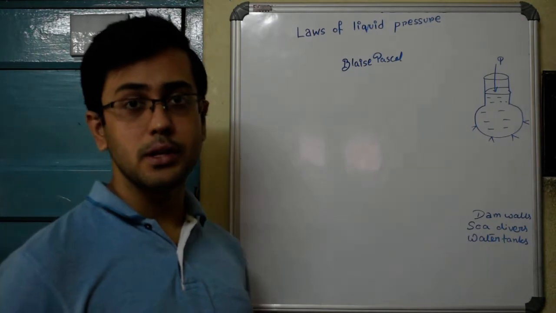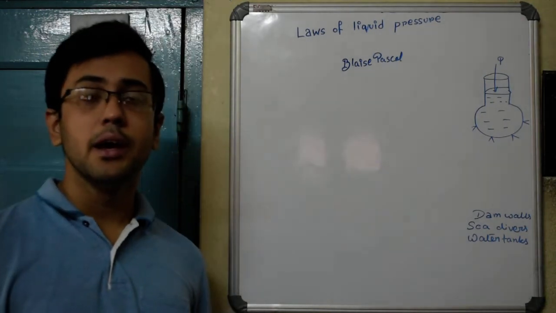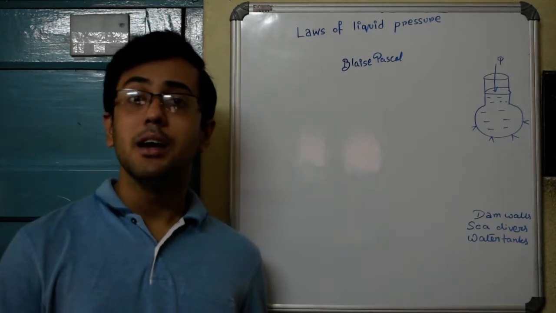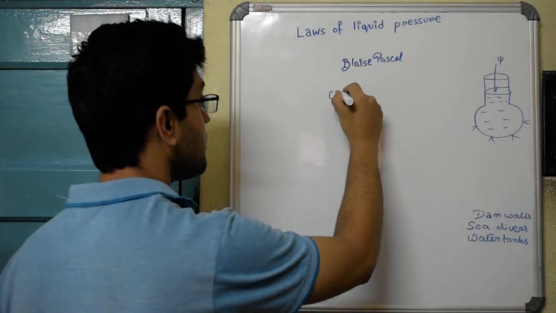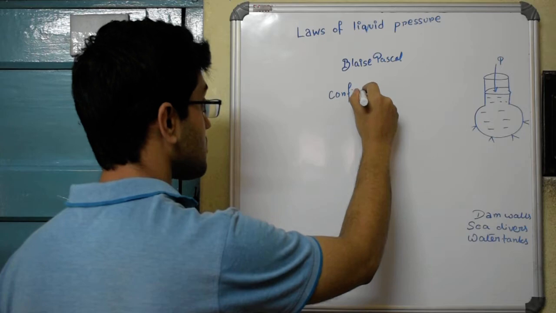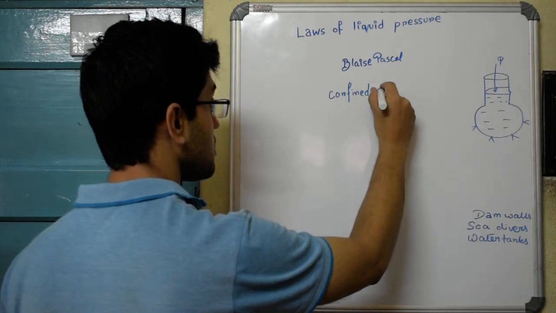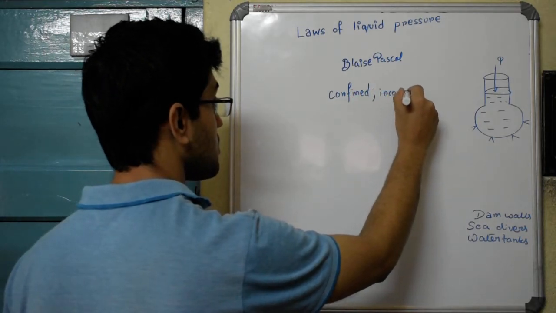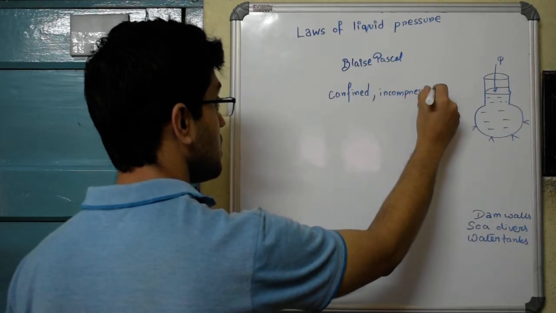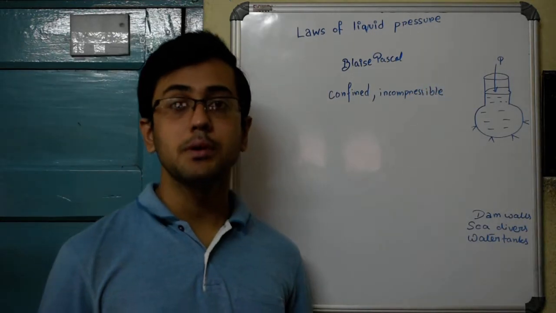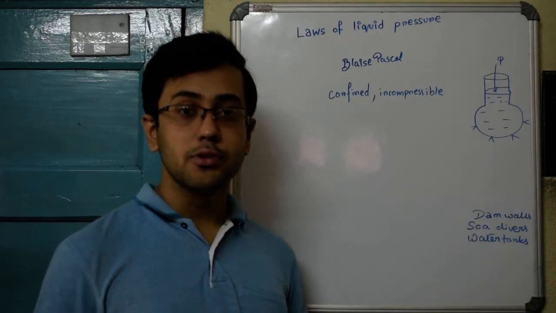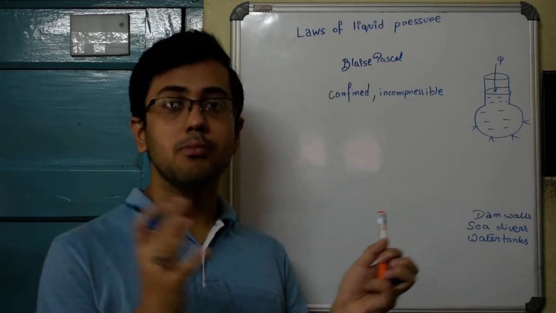As per the definition, Pascal's law says that if you have a confined and incompressible liquid, that's the keyword, a confined and incompressible liquid. Incompressible means liquids which you cannot compress into a smaller volume by applying pressure.